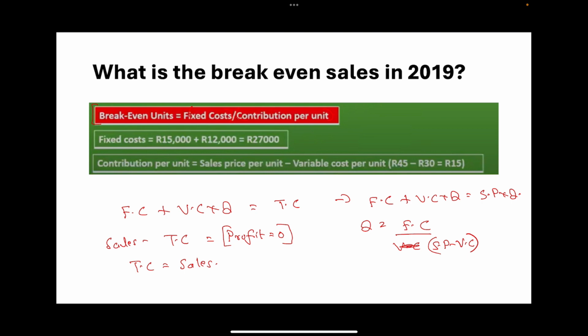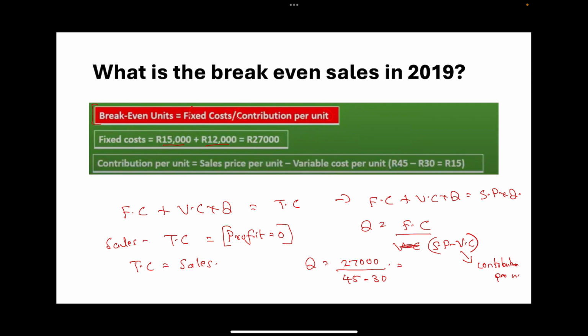We have seen that this is defined as the contribution per unit. So Q will be equal to fixed cost, which is 15,000 plus 12,000, equal to 27,000, divided by selling price 45 minus variable cost 30.